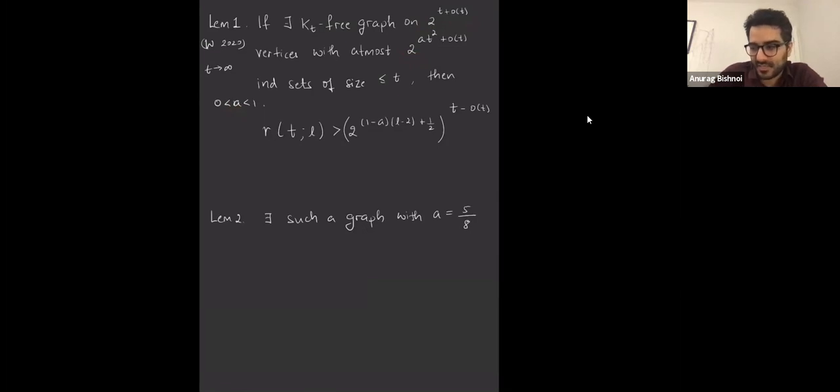So that's the point. So say you have such a graph, then there will be an argument, which I will talk about in the second half of this lecture, which says you can prove the following lower bound on this Ramsey number. Okay, so give me any graph with these properties, and I can give you a lower bound on this Ramsey number.